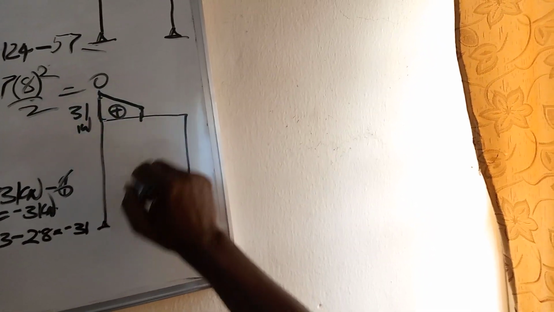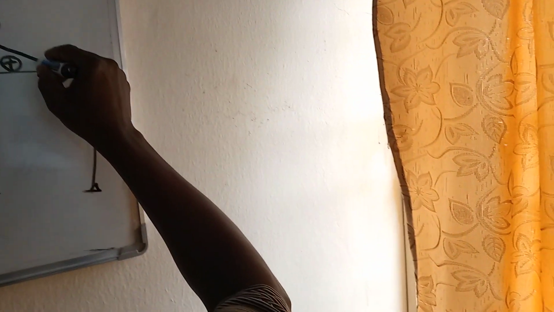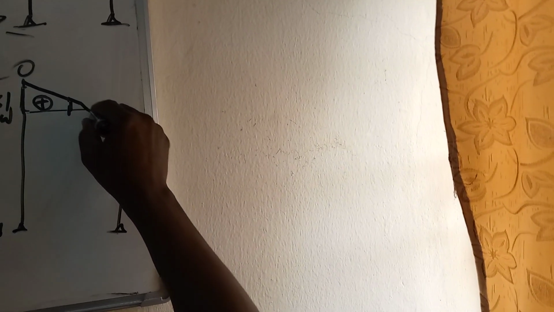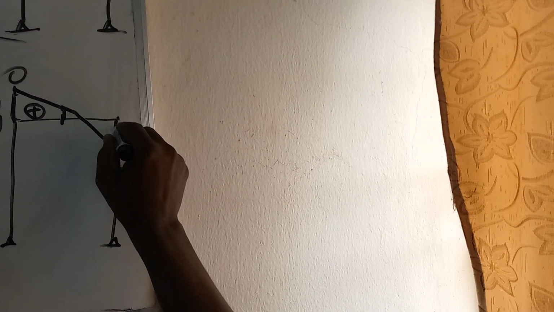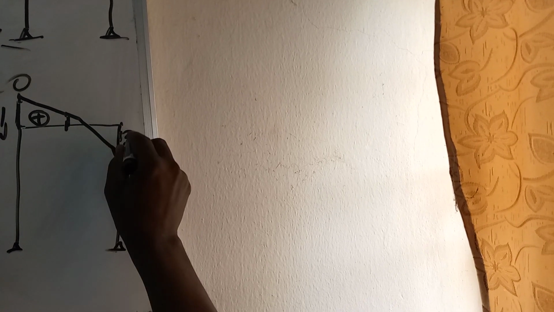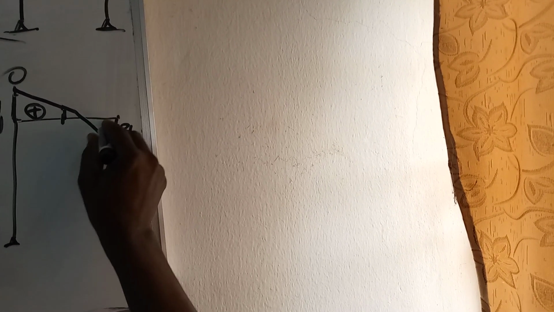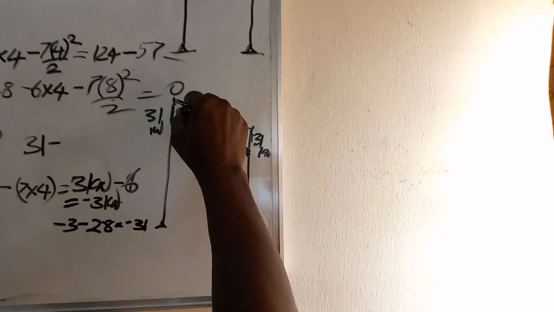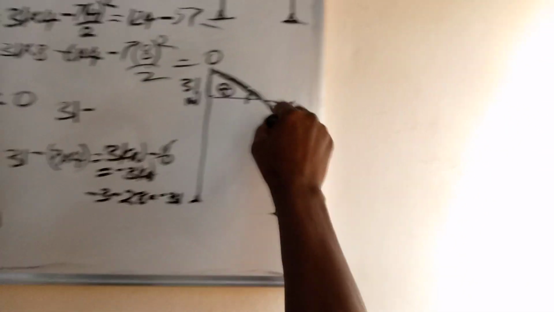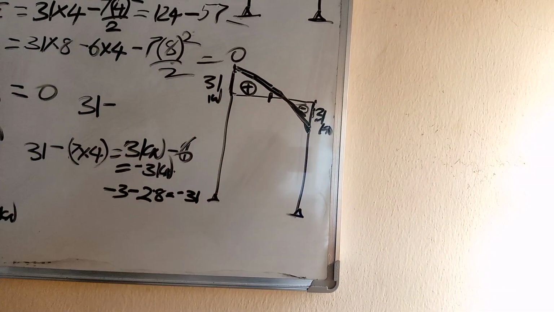And at the end, it comes to minus 31, which meets reaction B as 31 and closes. That's the shear force diagram. Straight line.